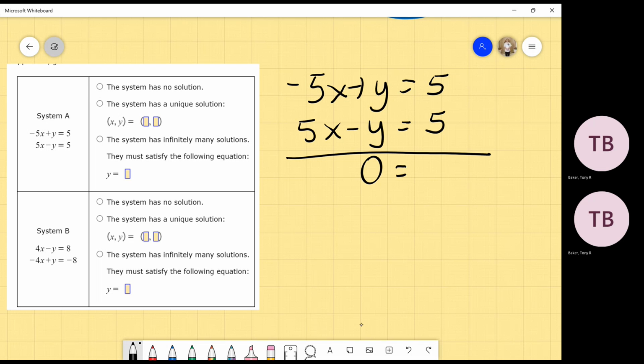So I have 0 equals 10, because everything on this side cancels out. Does 0 equal 10 make sense? No. So this has no solution. If this answer right here makes no sense, it has no solution.